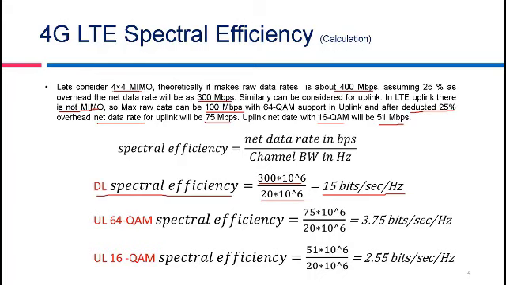The 64 QAM spectral efficiency we can calculate here. I have taken the net data rate as 75 Mbps, and the channel bandwidth is the same 20 megahertz. So here we get the spectral efficiency as 3.75 bits per second per hertz, and for 16 QAM the spectral efficiency is about 2.55 bits per second per hertz.